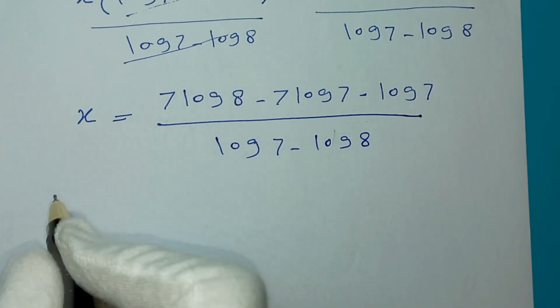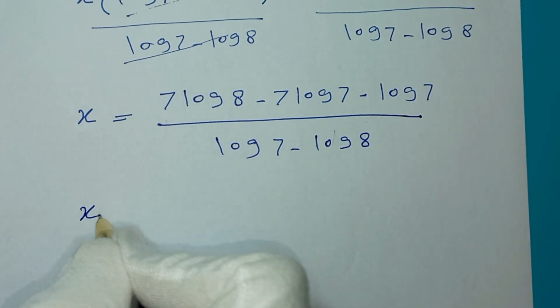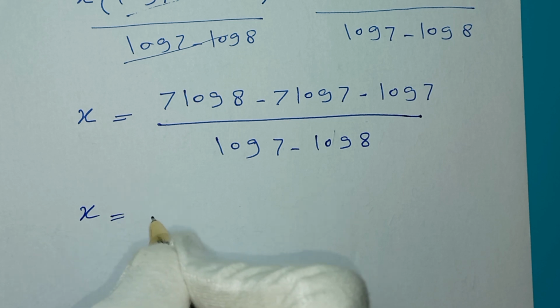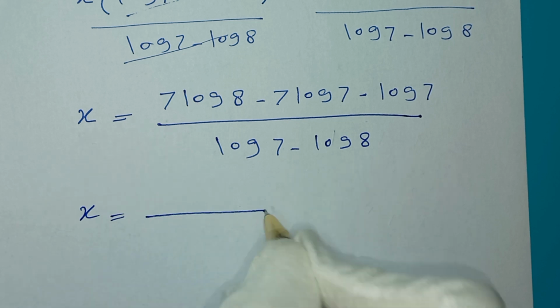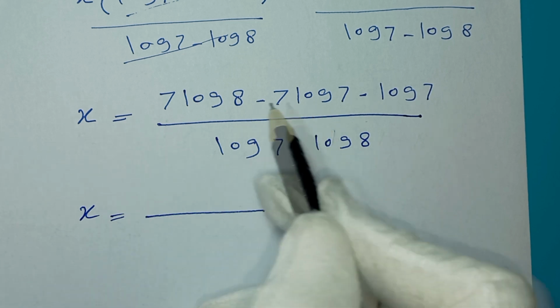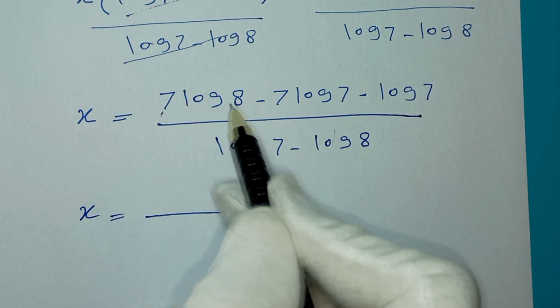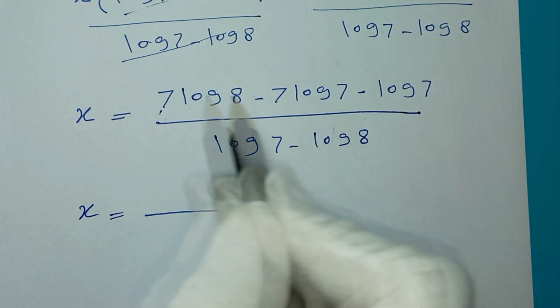In the next step, x is equal, here we have 7 log of 8 and minus 7 log of 7.